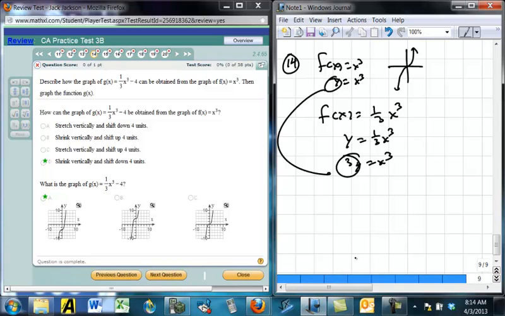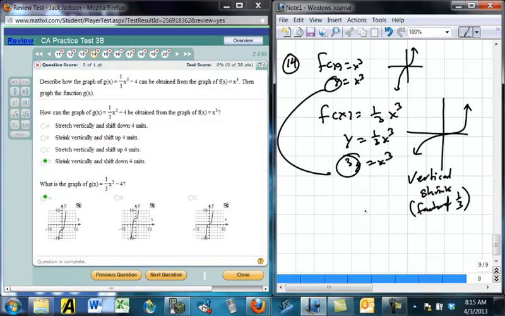Okay, so now we're down to either B or D. Now it's still similar, but it's shrunk a little bit, by a factor of 1/3. So it's 1/3 as tall.